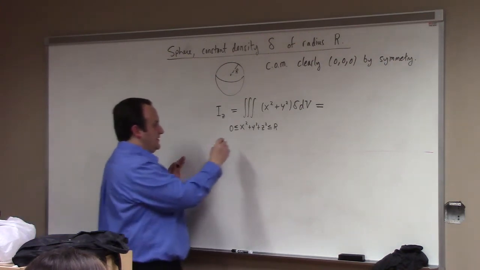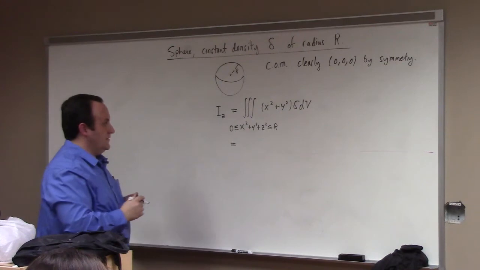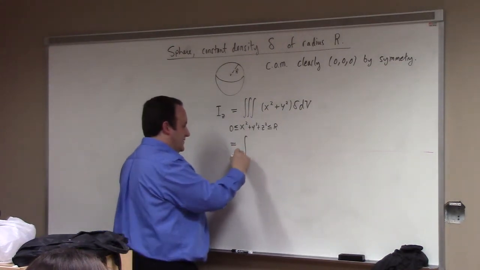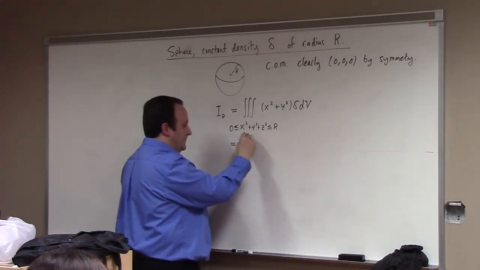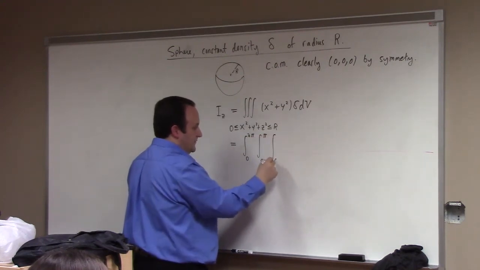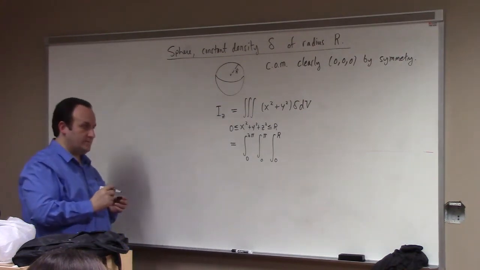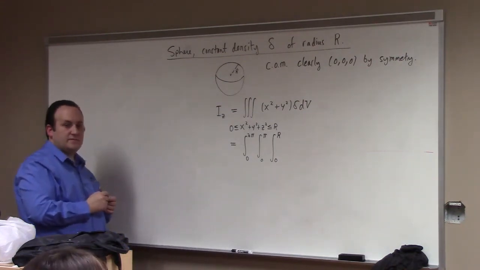Actually, I'm going to put it down here. So let's see here. That's actually the integral from 0 to 2 pi, the integral from 0 to pi, the integral from 0 to r. Those are the bounds, right?